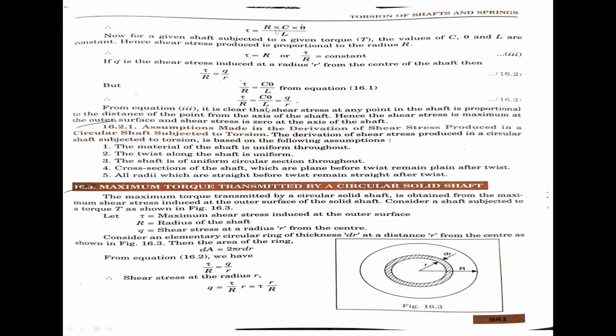So tau by R equal to C theta by L equal to q by r. This is equation 16.3, and there are three equations: 16.1, 16.2 and 16.3. These three equations are there for a circular shaft in torsion.